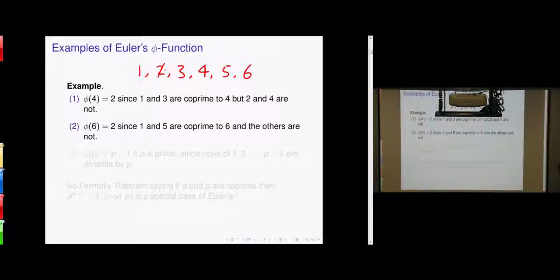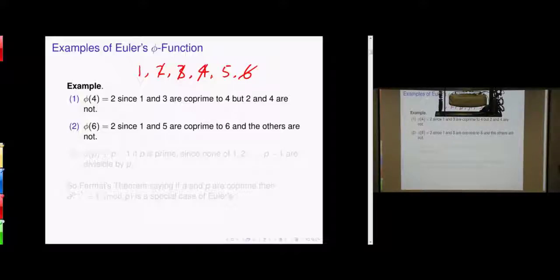So you cancel out 2. Now 3 and 6 also have a common factor 3. So you cross out 3. Now 4 and 6 have a common factor of 2. So again, you cross out 4. And then 6 itself you always have to cross.